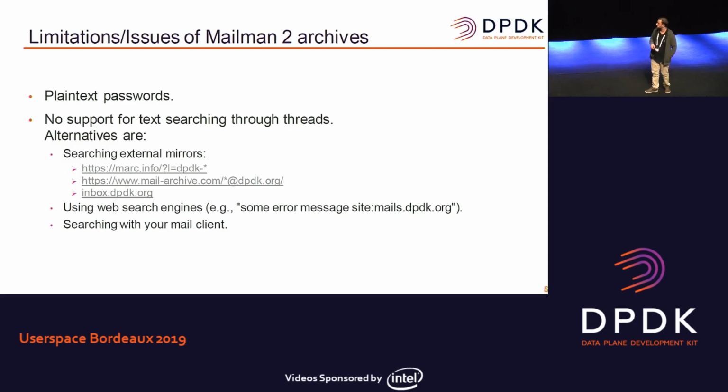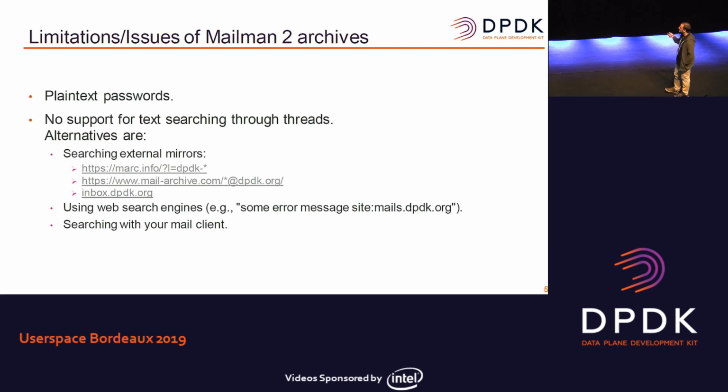There's also another thing that bothers a lot of people, which is that there isn't internal support in Mailman 2 to search through threads. There are some alternatives. You can search external archives.